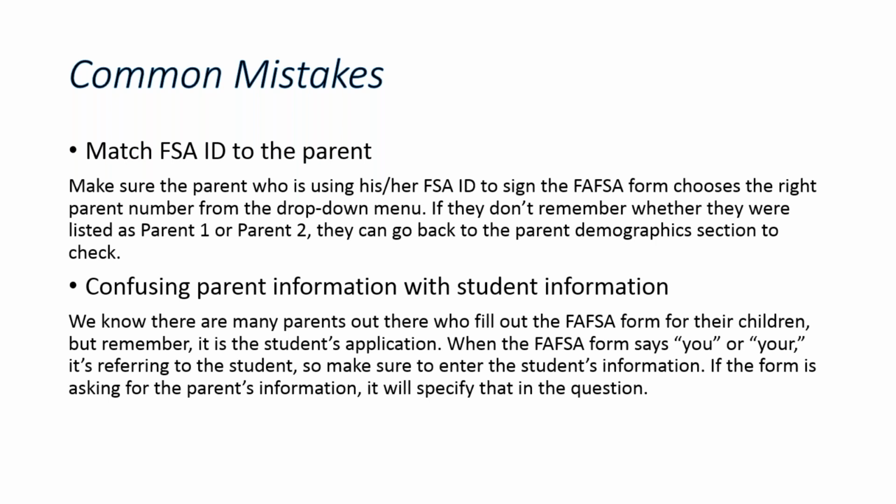But if parent 2 is mom and she has the FSA ID, parent 1 is the dad, when it gets to the point to sign it, they have to select, well, which parent are you? She would check parent 2. Otherwise, it's going to say, oh, you don't have an FSA ID, or this is not correct. And then you're going to think that, well, maybe I just forgot my password. So go through that, and it's just whether parent 1 or parent 2.